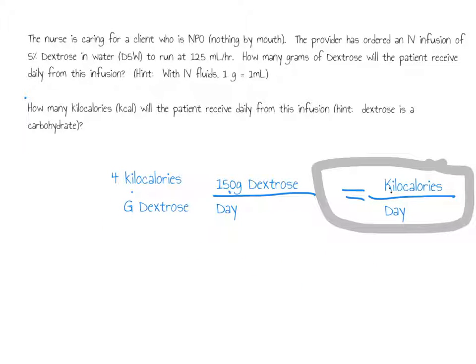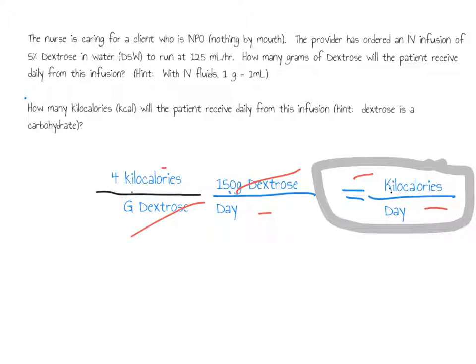Some of you probably looked at this problem and said, I don't even need to do that, Professor Mulcahy. All I need to do is multiply 4 by 150. And you're right, but this kind of proves you right, because you can cancel out grams of dextrose, and what you're left with is kilocalories per day.